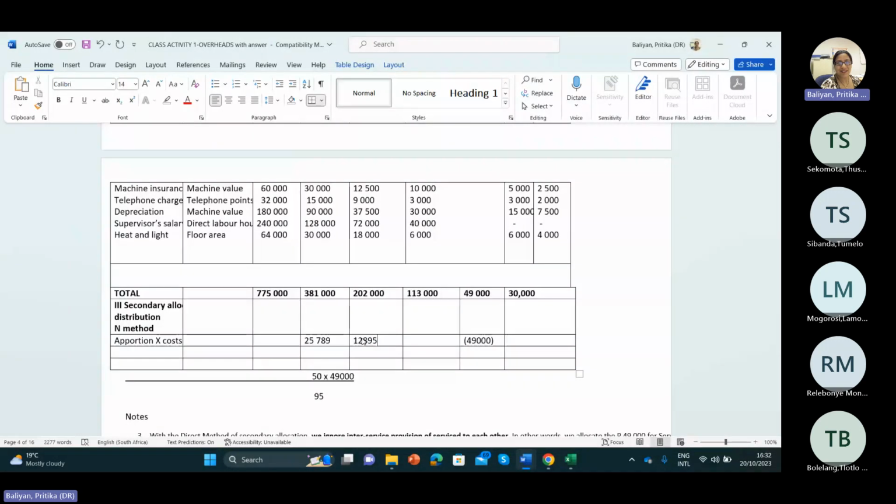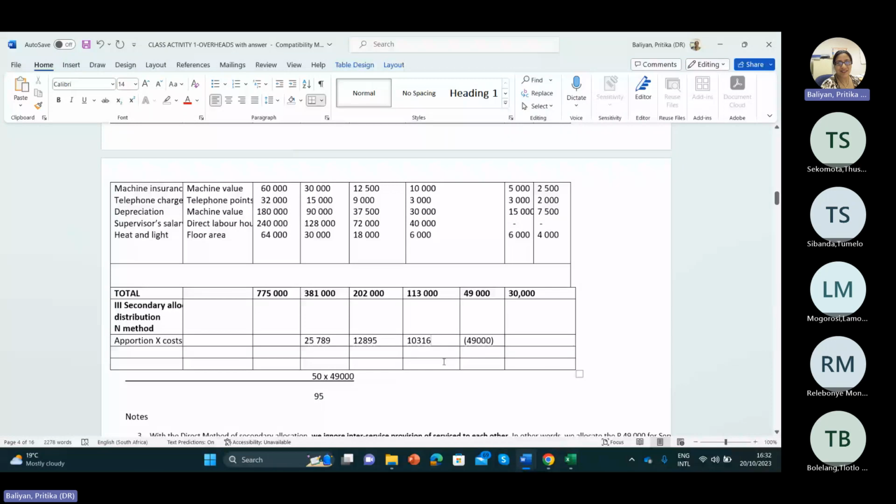Then the same we will do for C. C is 20%, so 20 over 95 times 49,000, which gives you 10,316 if you round up. So that's how all 49,000 has to be reapportioned only to the production departments as per their given services.